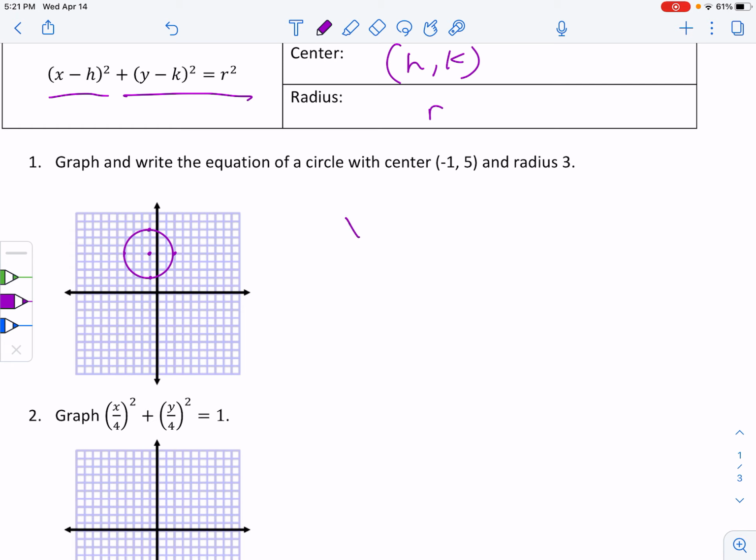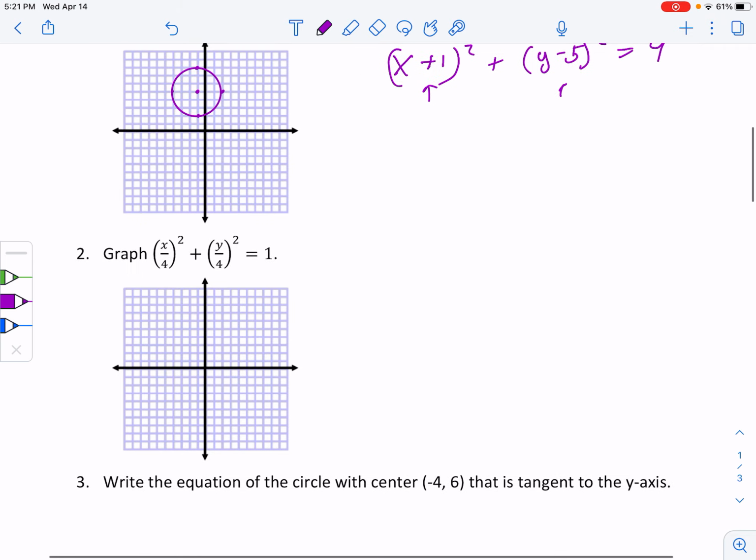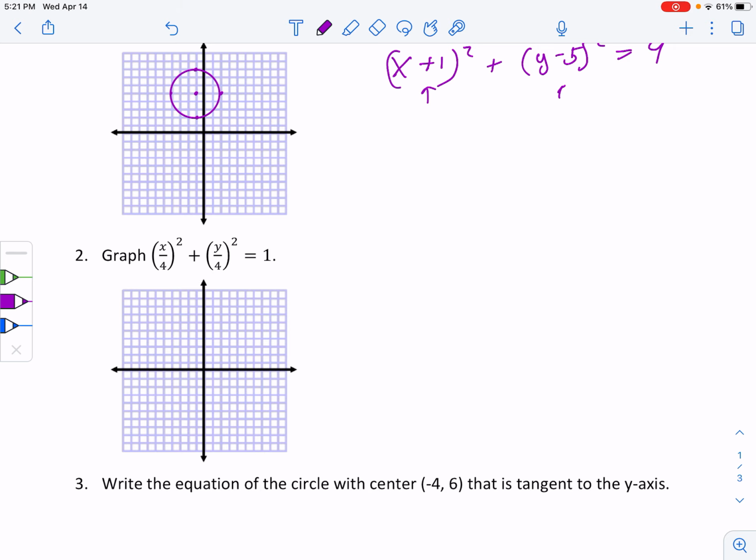What's my equation? It's (x minus h) squared plus (y minus k) squared equals r squared. All right. This sign is opposite of what's up here. Alrighty, first thing I'm going to do is square these, so I get x squared over 16 plus y squared over 16 equals 1.